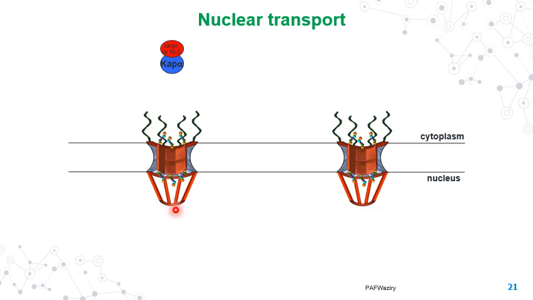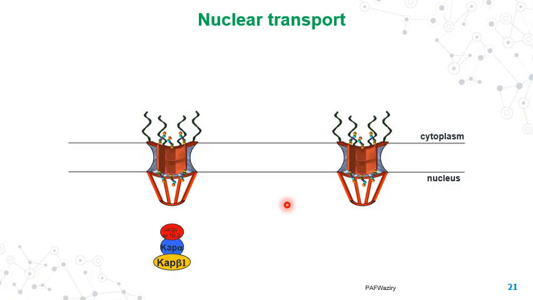Cargo got picked up, and this thing is going to be imported. Okay? It got imported. Inside of the nucleus, you want to have more energy. So if it helps you to remember, nuclear energy is more energy than what you're going to find in the cytoplasm in the form of GTP.